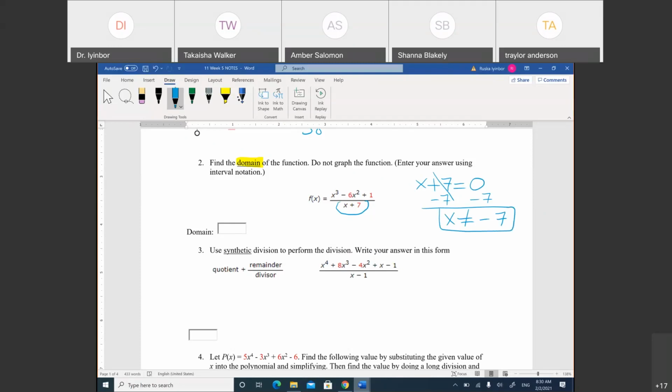But here they're asking for the domain, and it also says interval notation. So your interval notation is going to be: parentheses, negative infinity, negative 7, union, negative 7 to infinity. So this is how you put your domain. Okay, so there is nothing new so far, yes? Any questions?